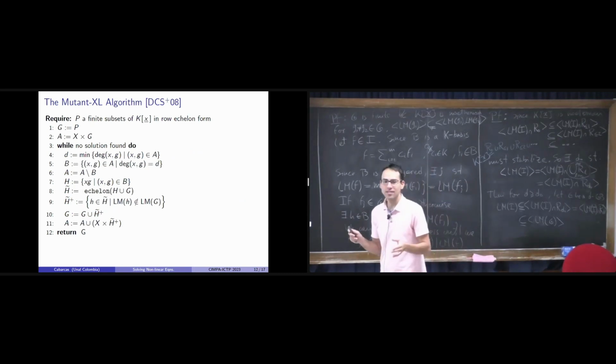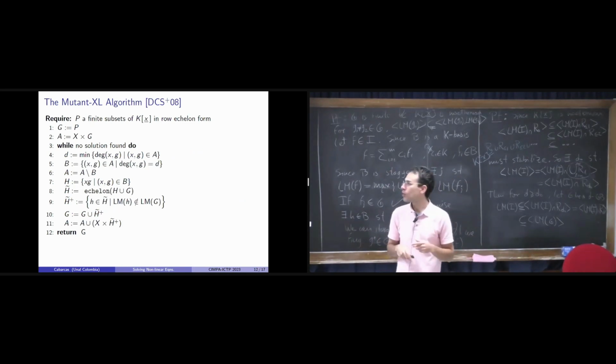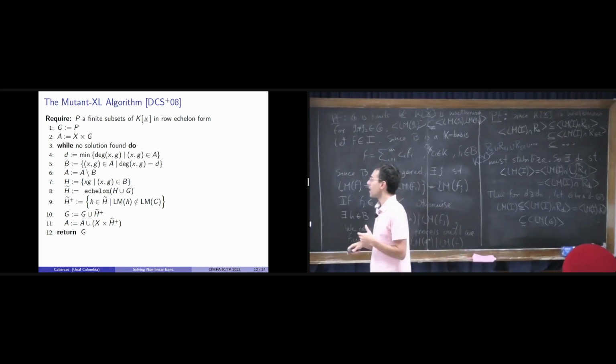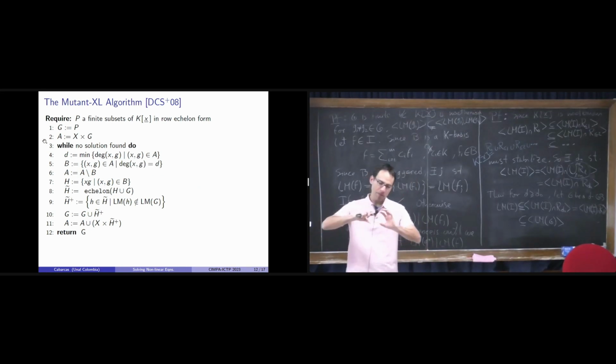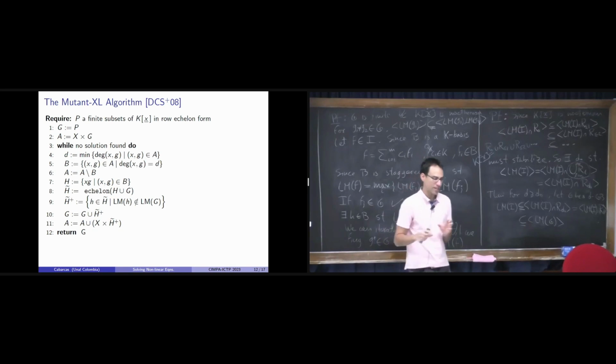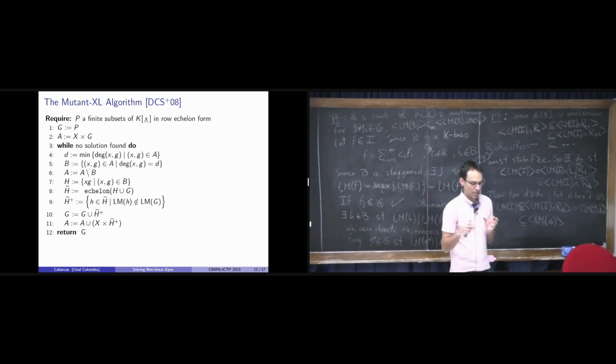And that's, in a sense, what we call the mutant XL algorithm. It is basically the same idea as before, except that we take at each step the minimum degree, and we work on that minimum degree of the pairs that we are considering.